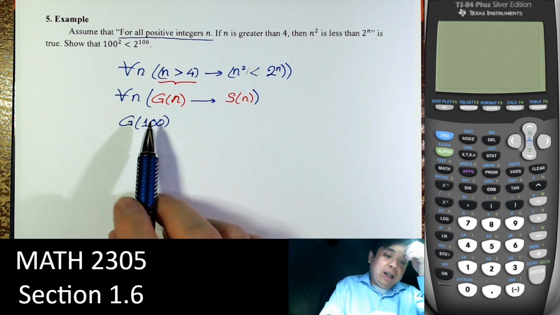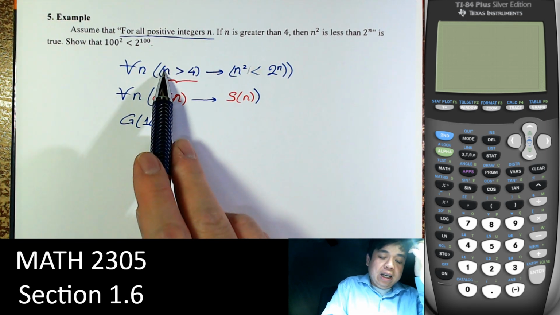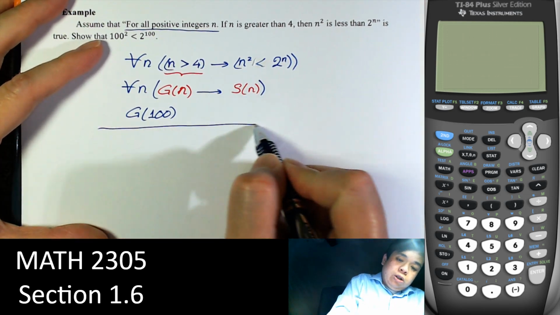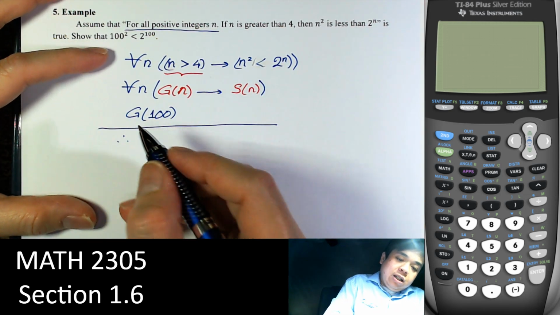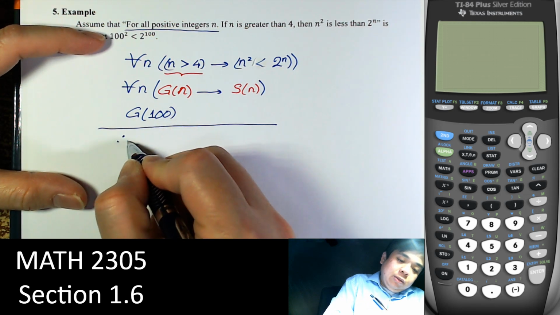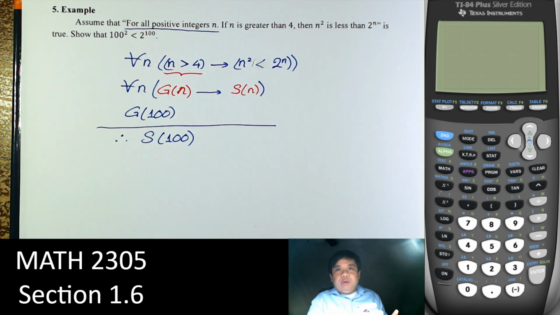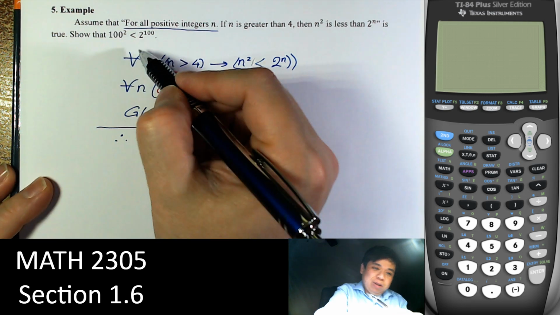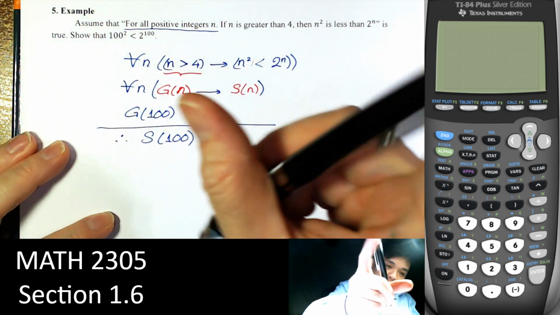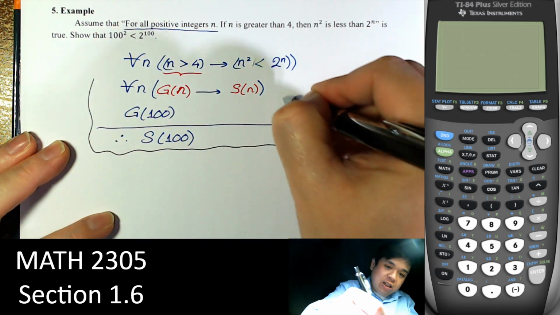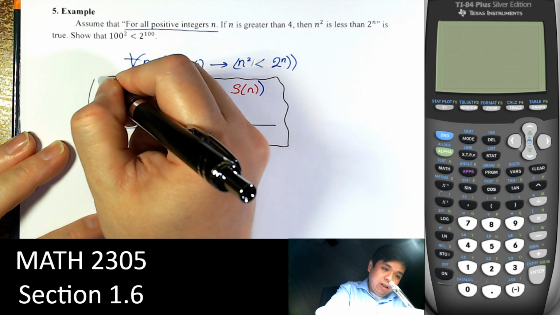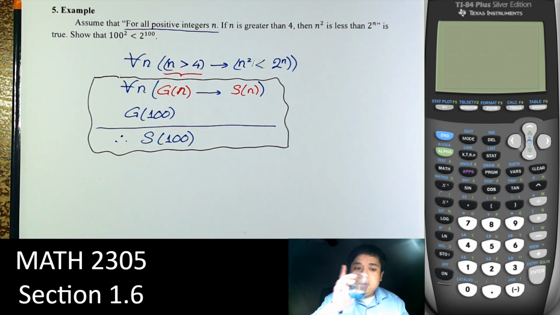When we substitute 100 in for n, that will be true. And the conclusion is that it will be true for 100. Of course, we're not going to prove like that in the next section, but if we want to write an argument, it will be like this. So that is just like the example of Socrates being mortal.